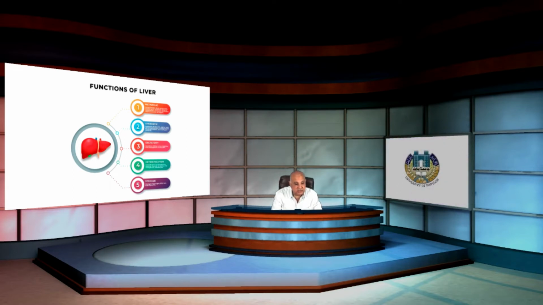And also, it has secretory function, in which the liver secretes the bile, which is very important for absorption and digestion of fat. At the same time, the liver also has another function, excretion of the bilirubin, which is the waste product of hemoglobin.